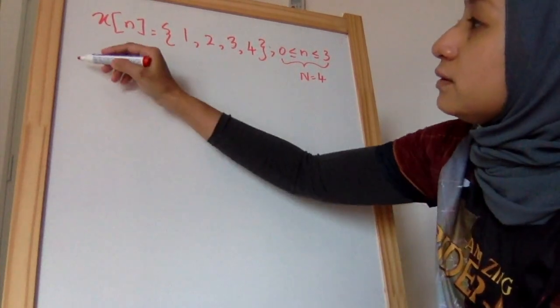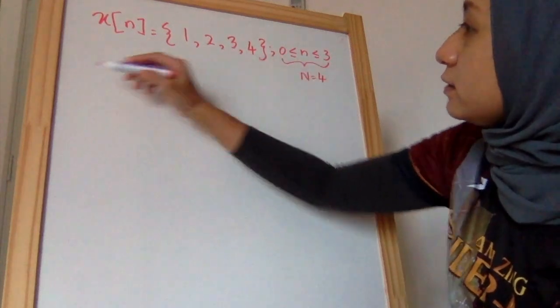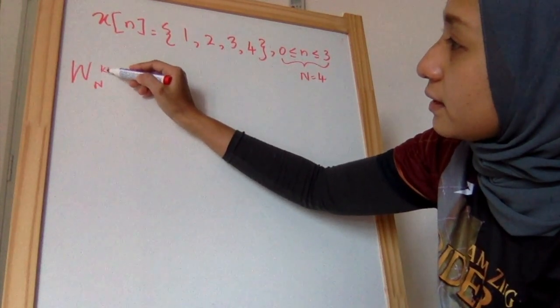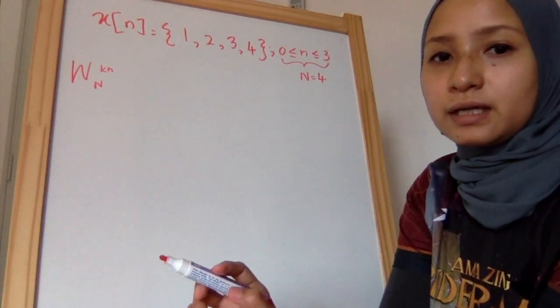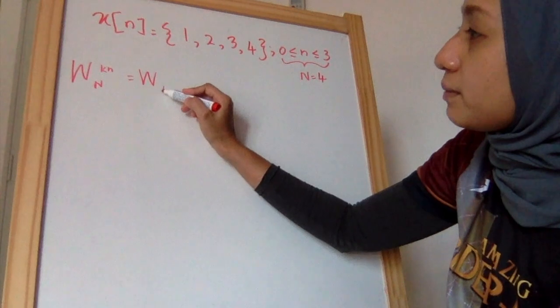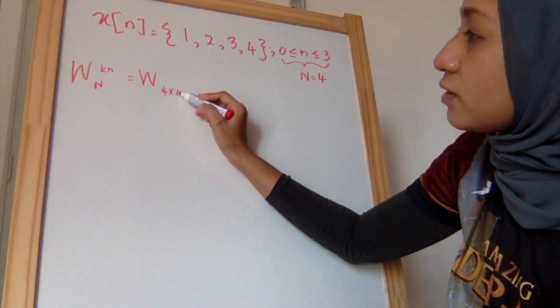From here we also know that our matrix dimension is 4 by 4.